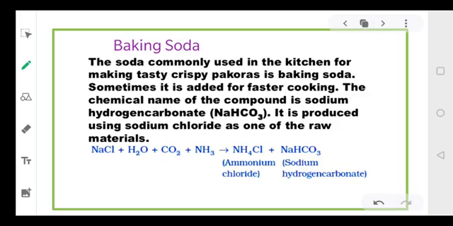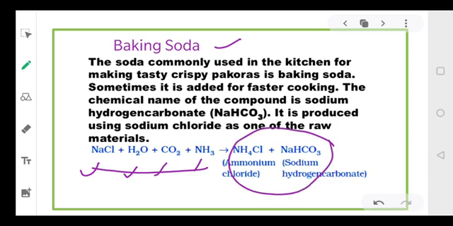So next we'll talk about the baking soda. Since you have become familiar with the names, now we'll talk about how this baking soda is prepared. For the preparation of baking soda we require 4 materials: NaCl, water, carbon dioxide and ammonia. These 4 materials react with each other to produce 2 salts, that is ammonium chloride and sodium hydrogen carbonate.